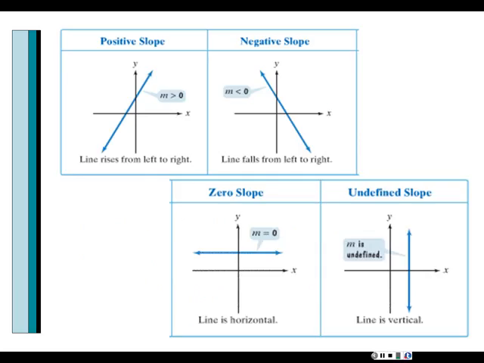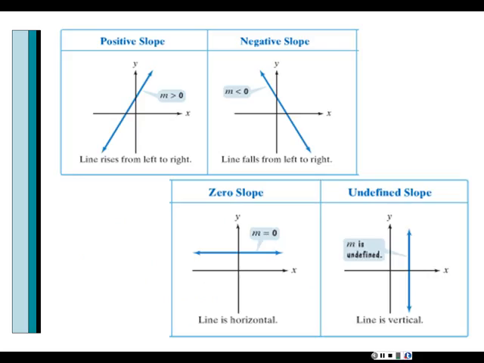Now, you can always find the slope from 2 points, but what do you know from the slope? You will be able to use the slope for plenty of different things, but the first basic thing is that from the slope, you know something about the line. First of all, if the slope is positive, then the line rises from left to right. Again, this is a straight line, right?